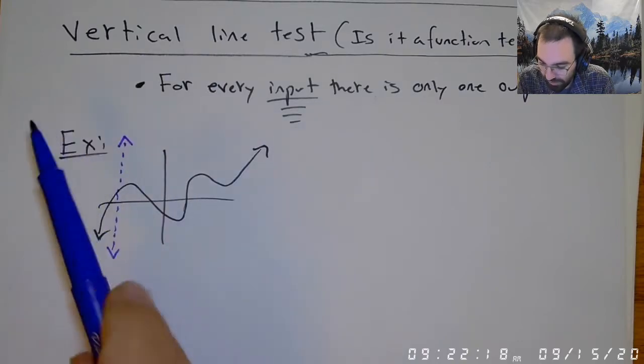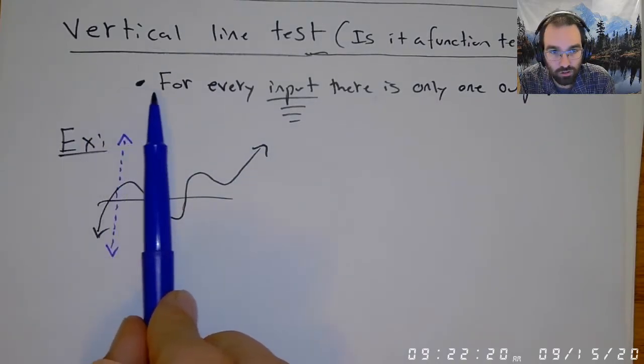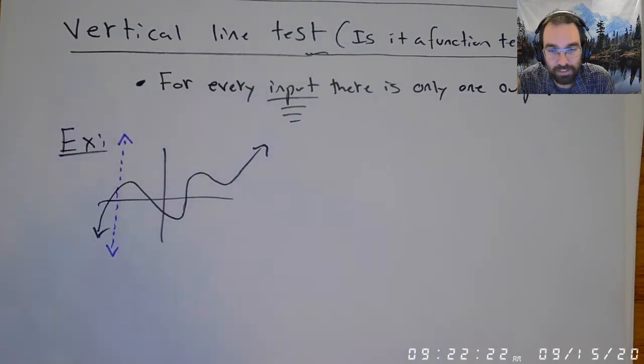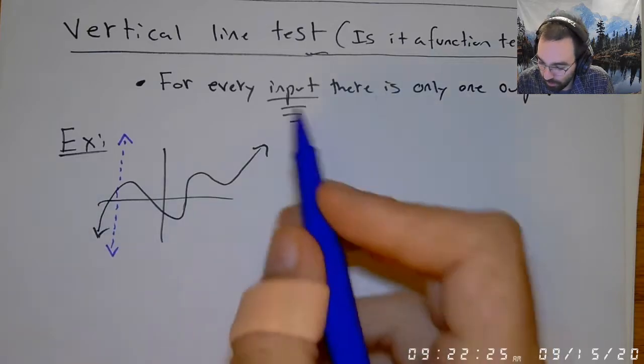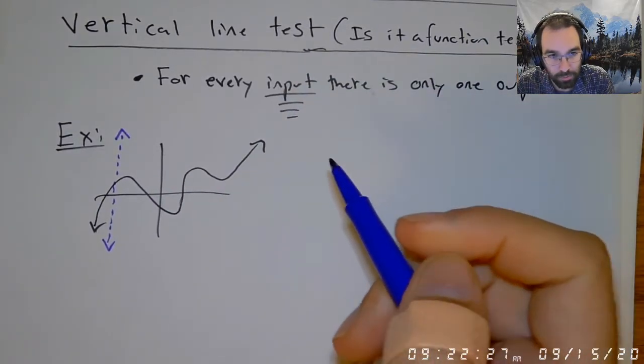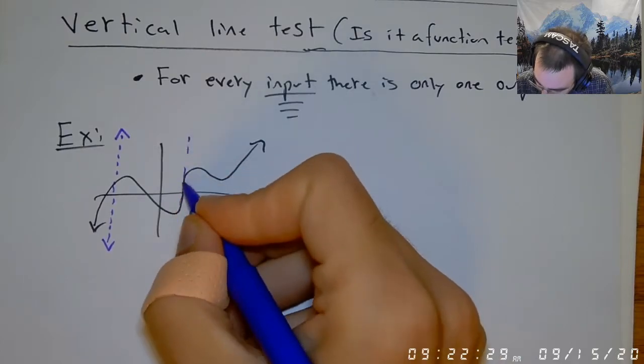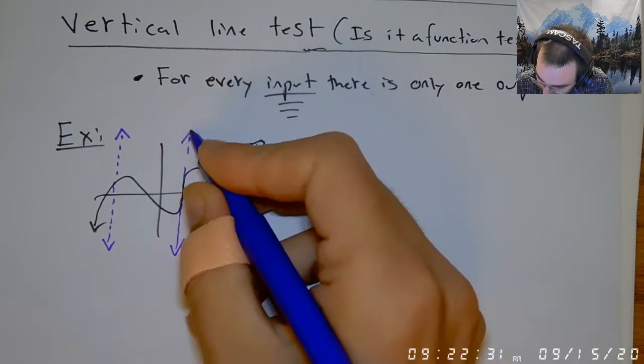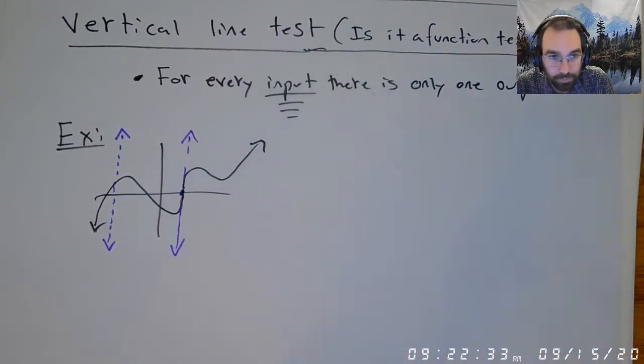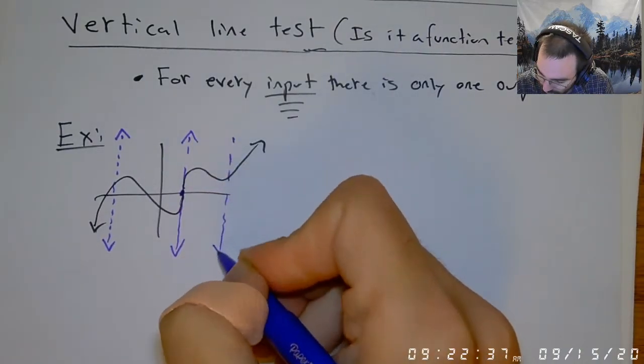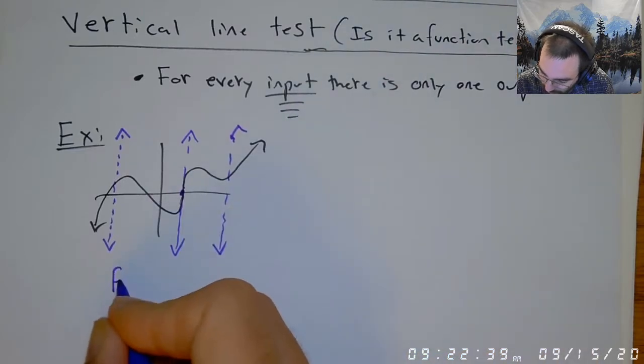And this line just scans, goes like this, goes like that. And basically what it's looking for is that every input, there's only one output, right? So even in this dirty bit that I drew, there should only be one output. Okay, so basically, if you do this, then this would be a function.